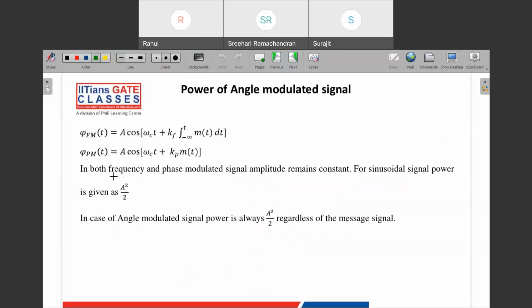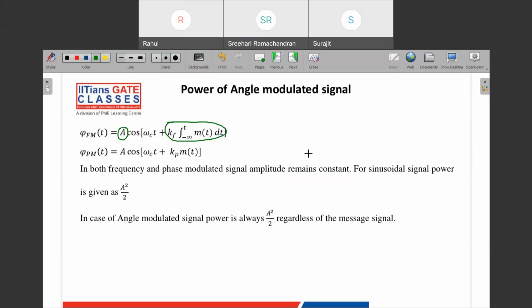Go to the next slide. Now, when it comes to the power of the angle modulated signal, unlike the amplitude modulated signal, the power is constant. The reason is that the amplitude is constant here. It is the angle which is changing with respect to the message, not the amplitude. Since the amplitude is not changing, for the cos or the sine, we know the power is given as the amplitude squared by 2.